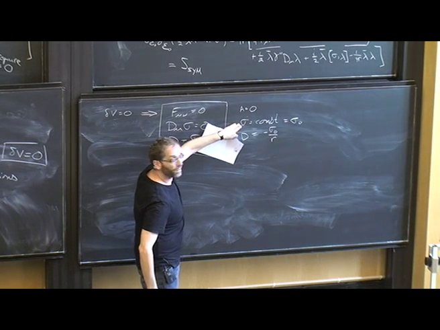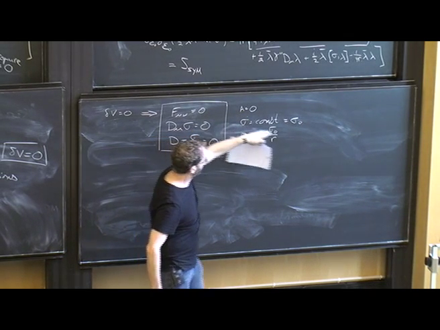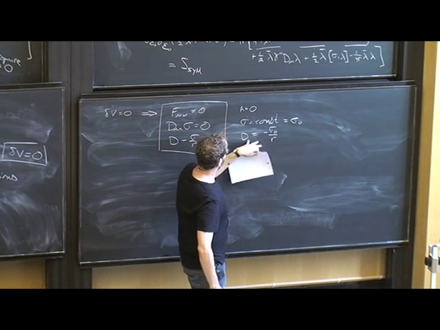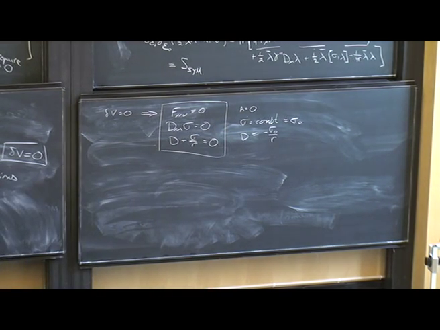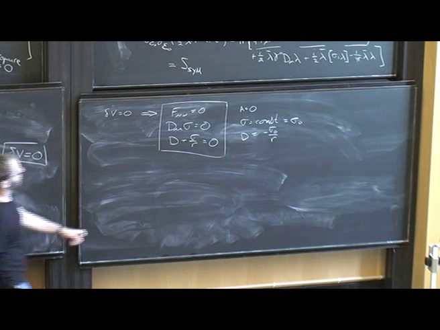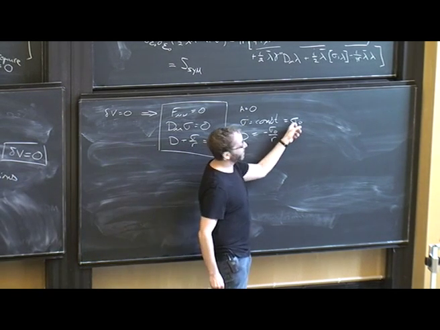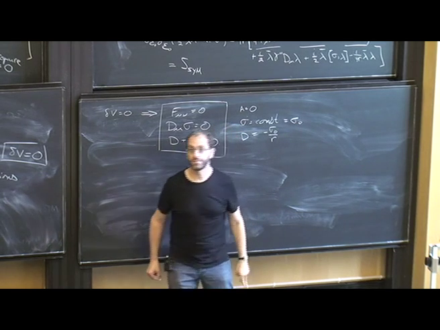Sigma, which was a field on S3, will now just be a constant, and D will be proportional to the same constant. In this way, the path integral over A, sigma, lambda, and so on is reduced to this finite dimensional integral over the matrices sigma naught.